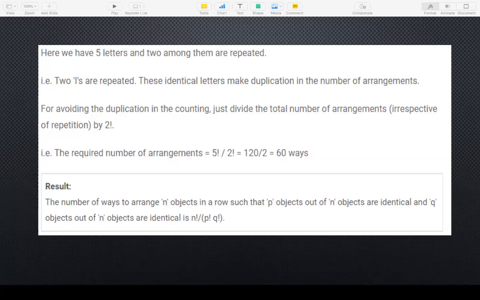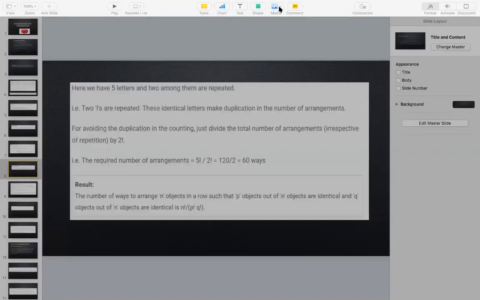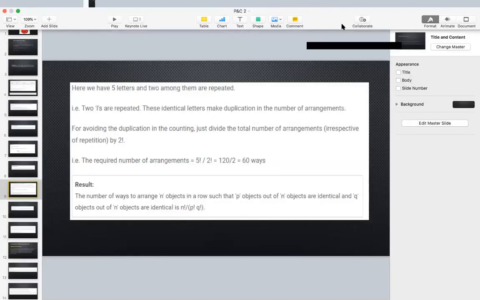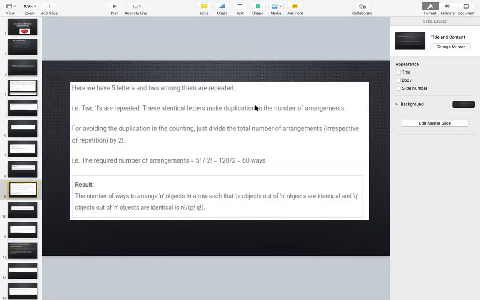What is the question? I'm simply asking you to tell me in how many ways the letters of the word letters can be arranged. Try out, everyone.